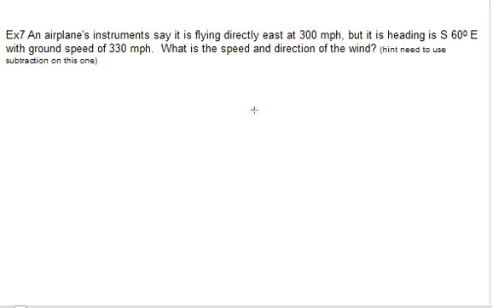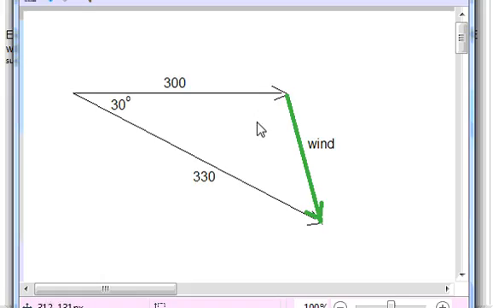So here we have it. The airplane thinks it's flying due east at 300 miles per hour, but instead it's flying south 60 degrees east, which would really be 30 degrees south of east.